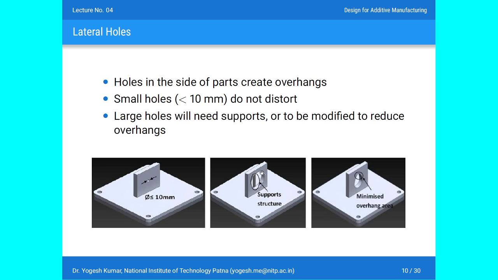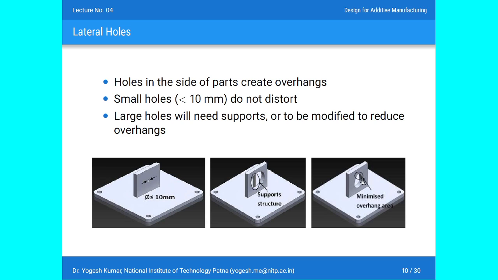Here you can see this particular feature, a round shape. Either you can print it by using support structure, or you may change the shape of your feature, that is the lateral hole. In this particular case, the lateral hole has been modified into a teardrop shape.